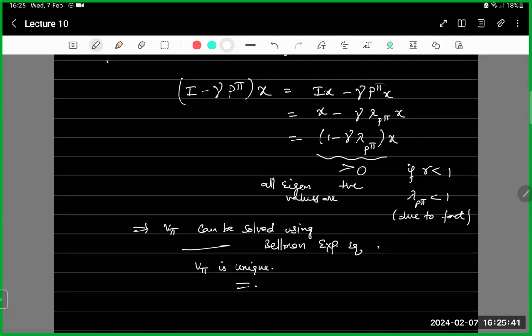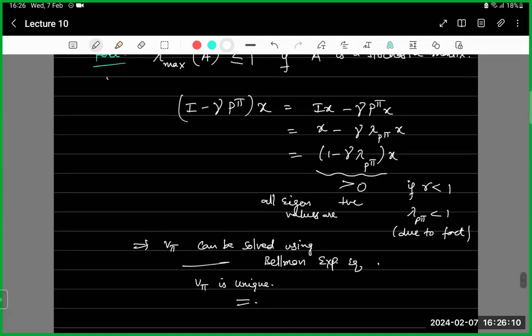So now we know that for a given policy pi and given MDP dynamics, if someone asks you to find V pi, you know how to do it. If the state space is very large, then inverting this matrix might be difficult, so we'll use some iterative algorithms to solve this problem. But mathematically, you know how to do it.